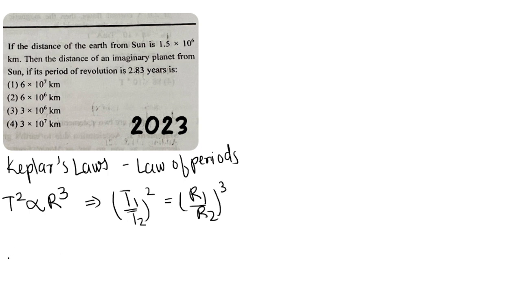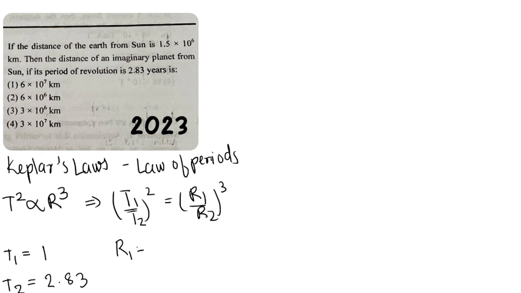In this question, T1 is equal to 1 because it is earth from sun, so the revolution of earth around sun is 1 year. Then T2 is given as 2.83, which is for the imaginary planet.